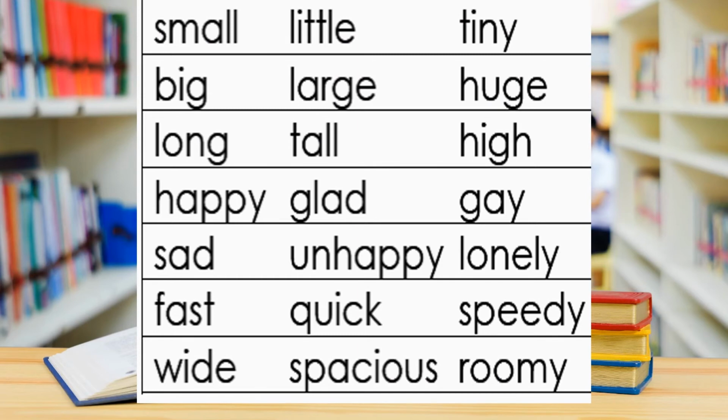These are the examples of word clines: small, little, tiny, big, large, huge, long, tall, high, happy, glad, gay, sad, unhappy, lonely, fast, quick, speedy, wide, spacious, roomy.